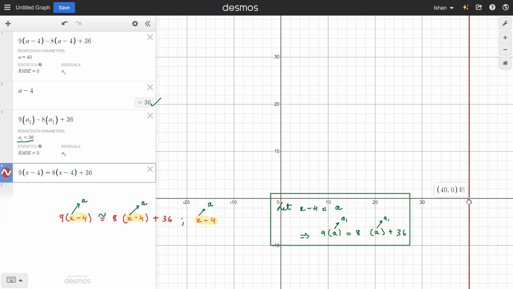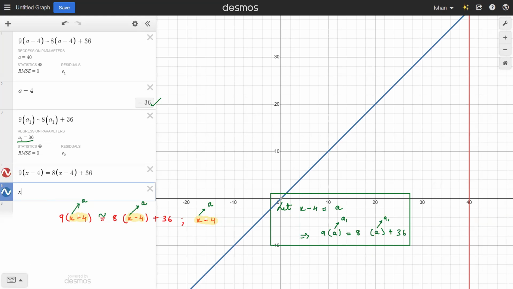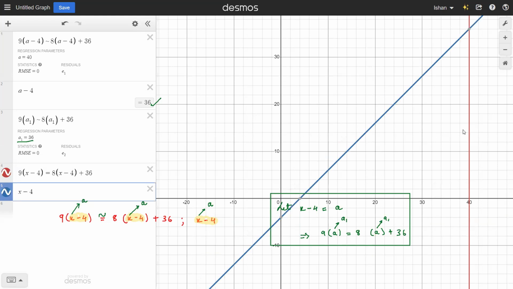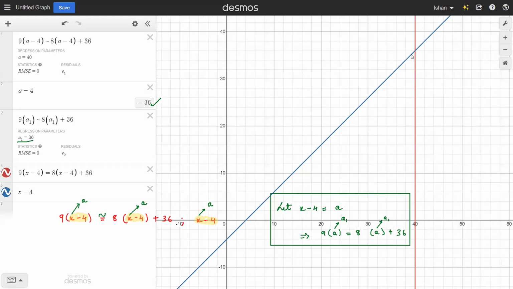You will see the line is being plotted at this particular point, which shows the value of x as 40. I need the value of x minus 4, so I'll write x minus 4. You will see the intersecting point is at 36. So at 40, the function value is 36. So your answer will be 36. I hope this is clear.